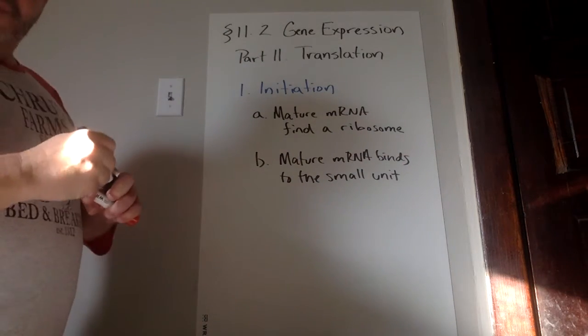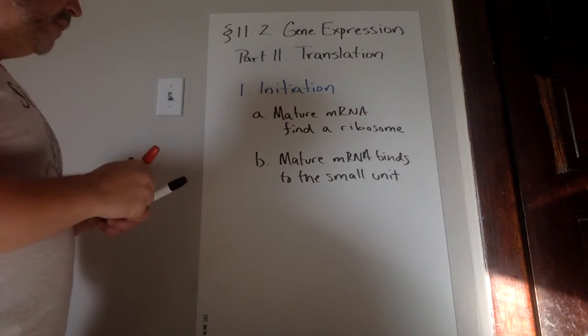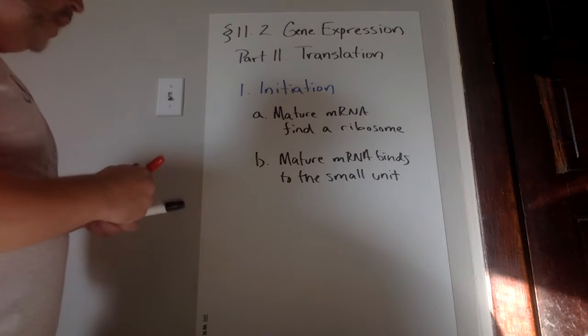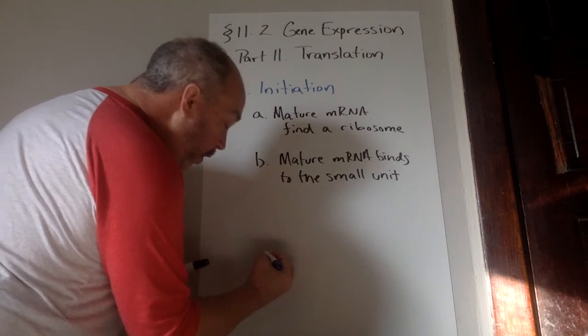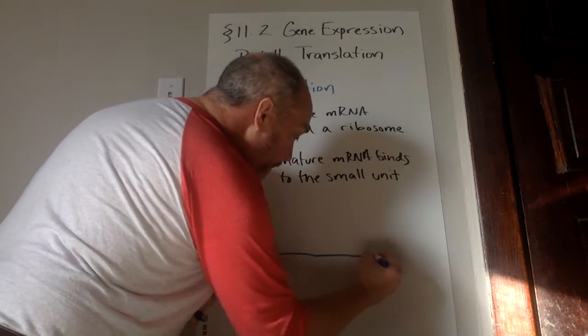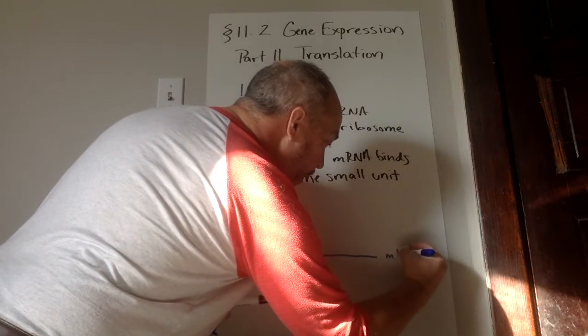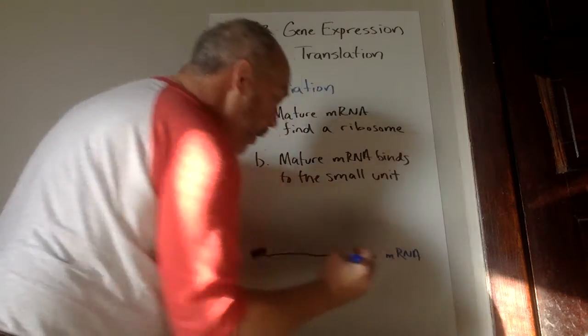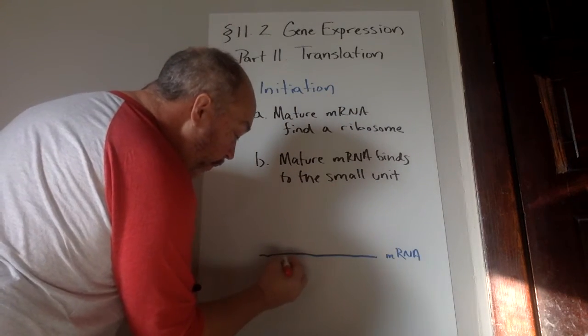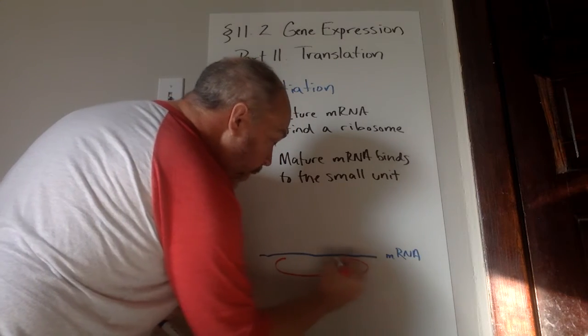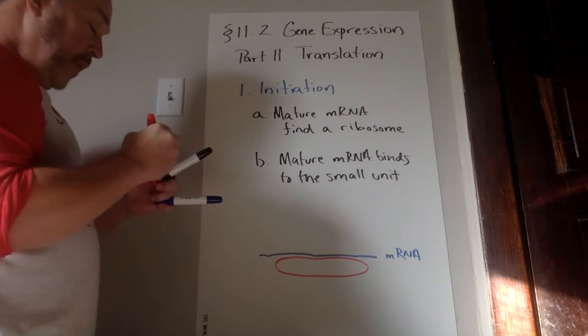So remember, this is when we're going to have several different pieces of our RNA coming together. First we'll have the mature mRNA, this is my mRNA. Then the small subunit, and that will attach.